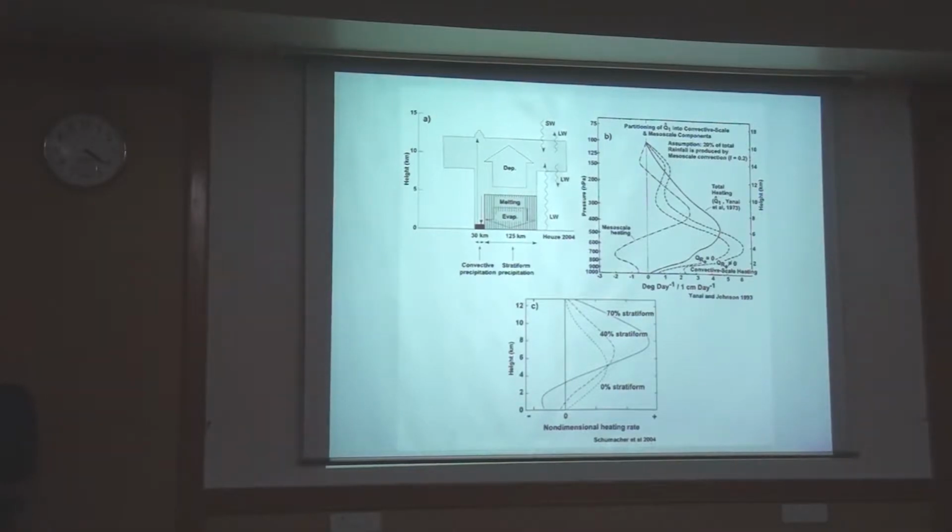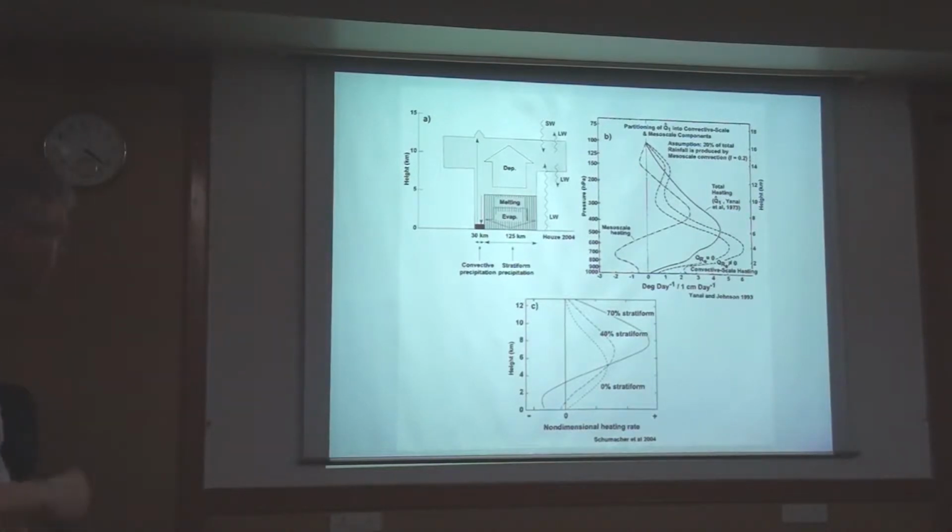Because of this extra heating higher up from the stratiform clouds. And below, the heating actually gets reduced. So if you assume 40% of the rainfall is stratiform, then you get this reduced heating lower down and this increased heating higher up. And if you make it 70%, then you even get net cooling low down and very strong heating high up, and the peak shifts higher up.